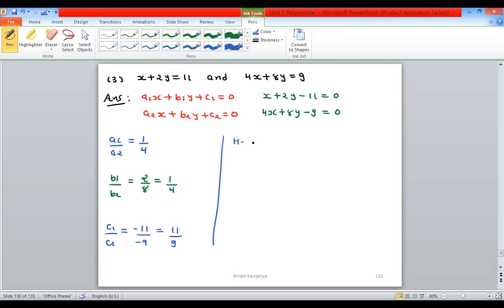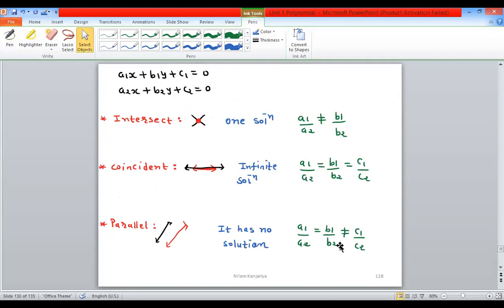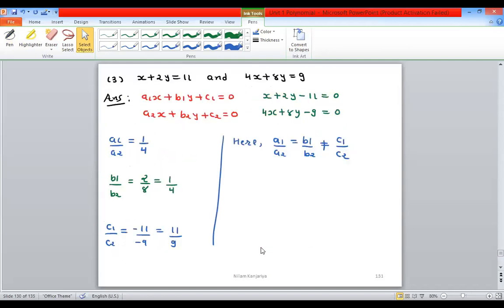Here, a1 upon a2 is equal to b1 upon b2, but does not equal c1 upon c2. So tell me, this satisfies the third condition. a1 upon a2 is equal to b1 upon b2 but does not equal c1 upon c2. Hence you can say the lines are parallel and it has no solution.